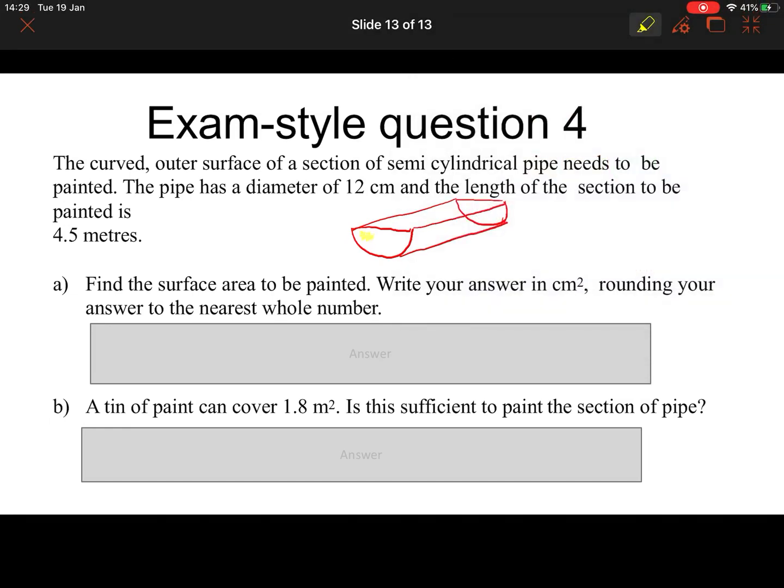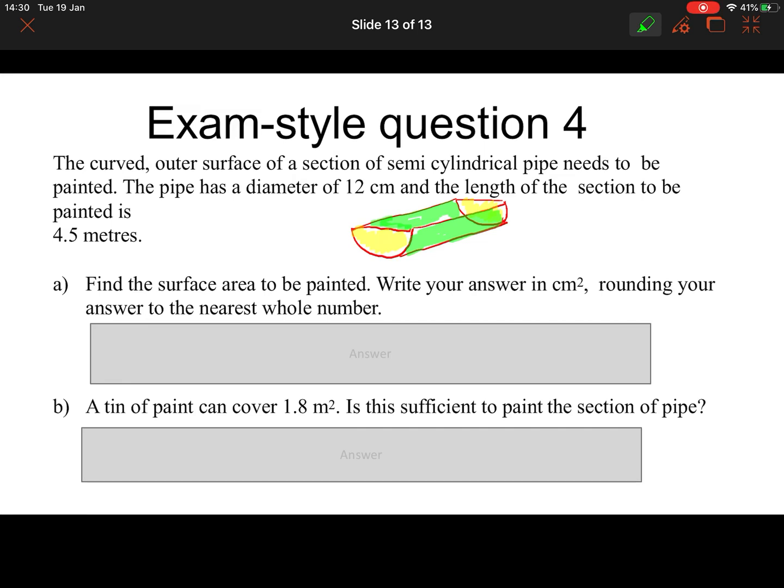So I don't need to paint the semicircles. I do not need to paint them. I don't need to paint the top, the roof, because that's not curved. All I have to do is paint this green curvy surface there.